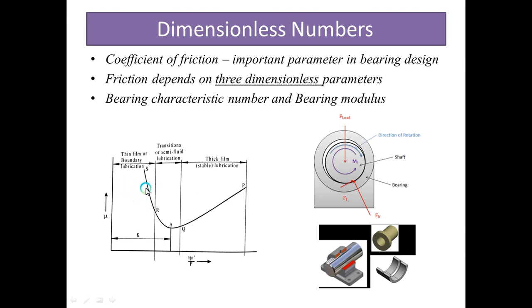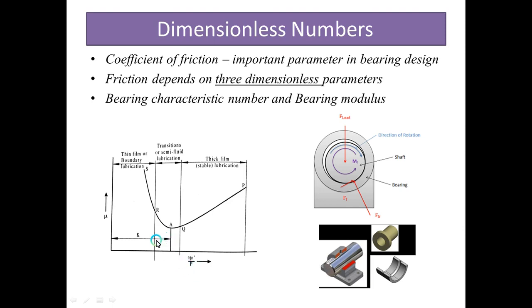In this region there will be more metal to metal contact between journal and bearing. To avoid this, we need to maintain proper viscosity, proper speed and proper pressure, not high, not low. So you need to be at the optimum level.